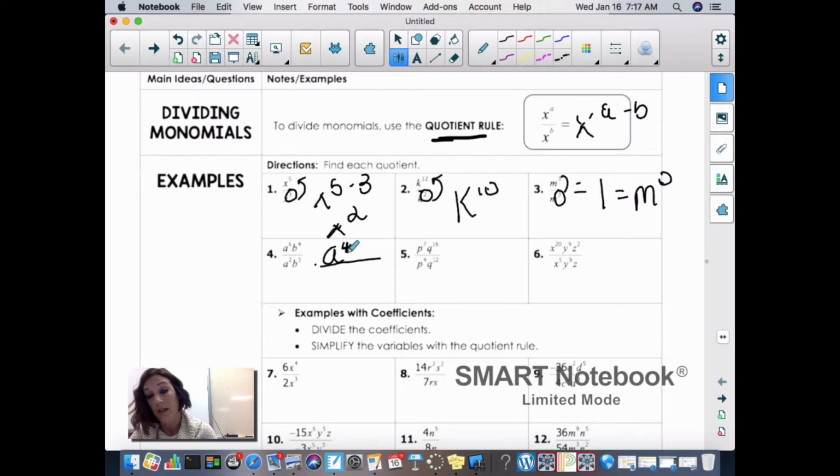With my b's, I have b to the 4th power in the numerator, b cubed in the denominator. So that is 4 minus 3 in the numerator, which is b to the 1st power. So this one happened to work out that I don't have anything left in the denominator. So we can just call that our answer. Okay, so go ahead and try number 5 and 6.